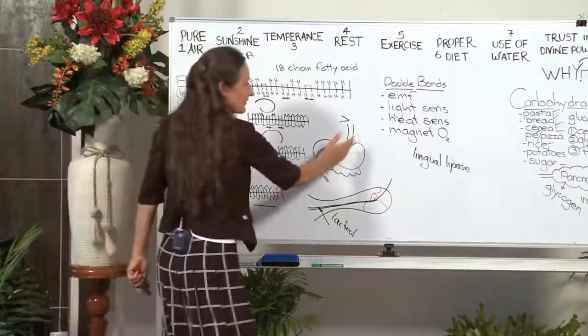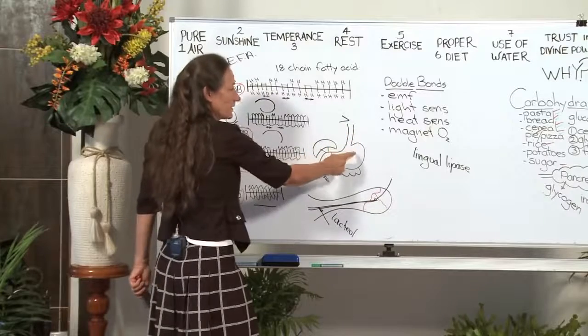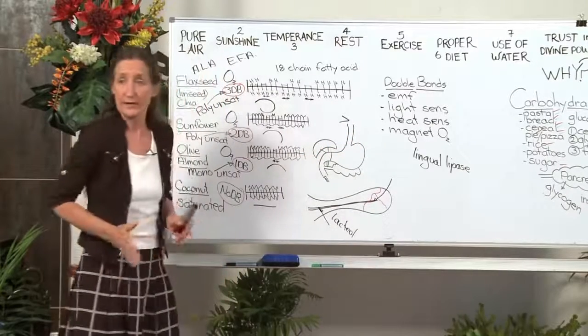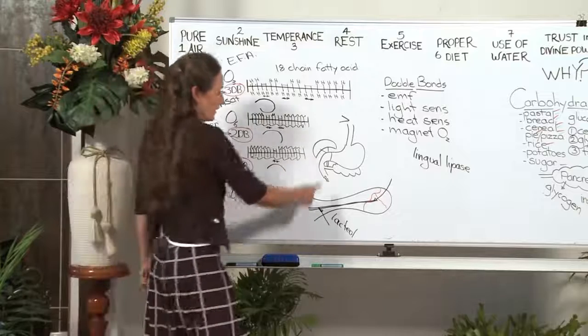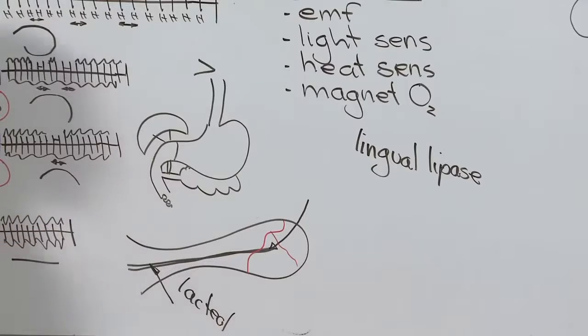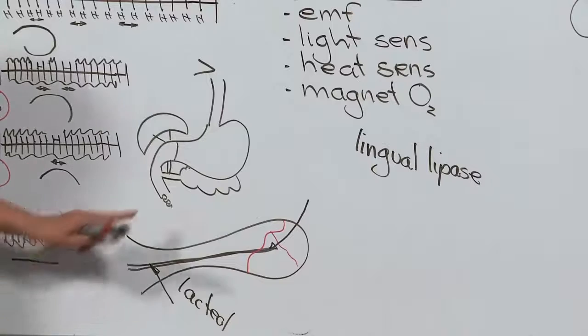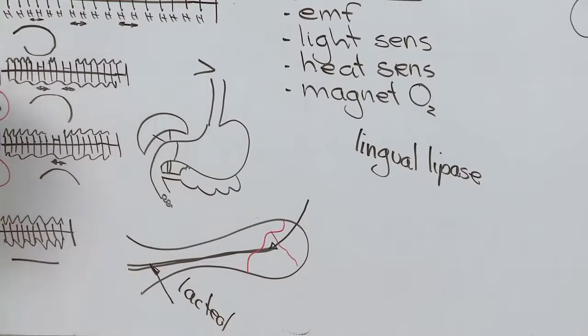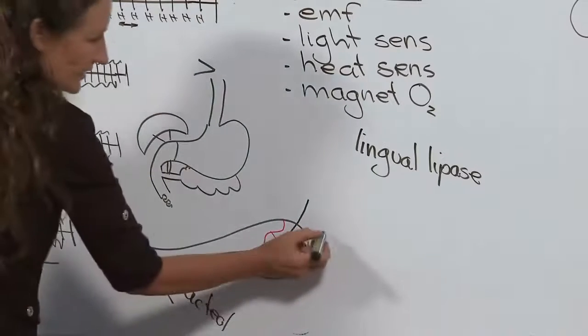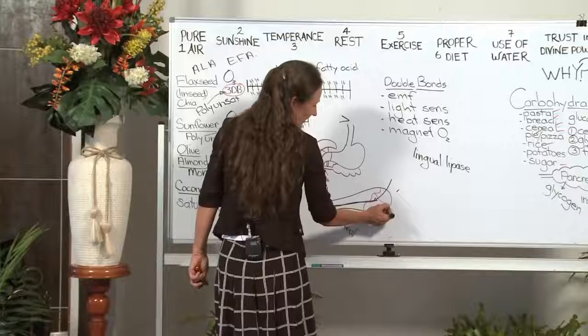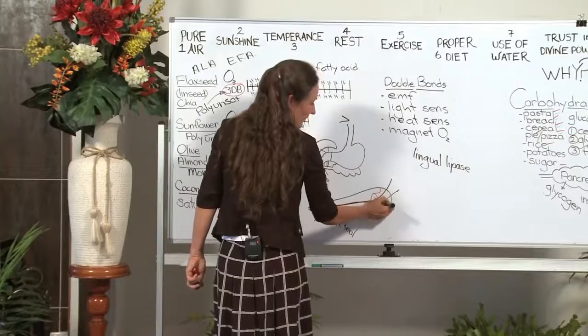The breakdown having already begun, it comes into the stomach, breakdown's already happening. Comes into the duodenum, does not need bile, does not need pancreatic lipase, is taken through the lining of the gut straight into the blood.